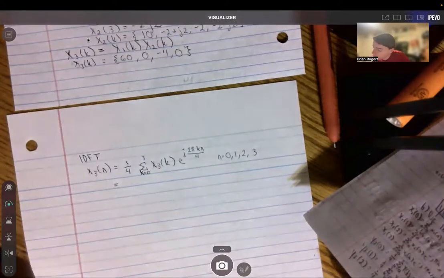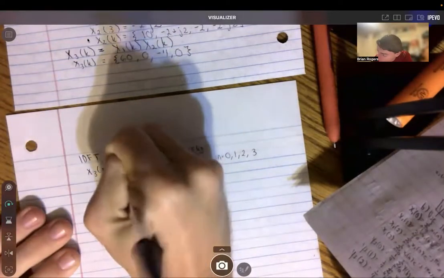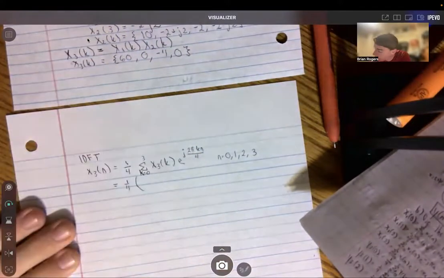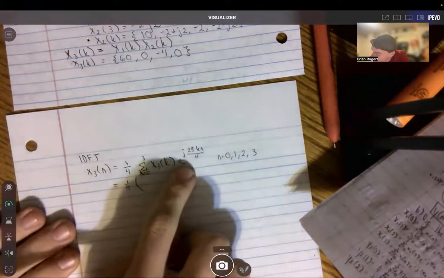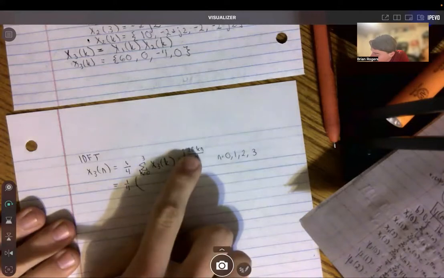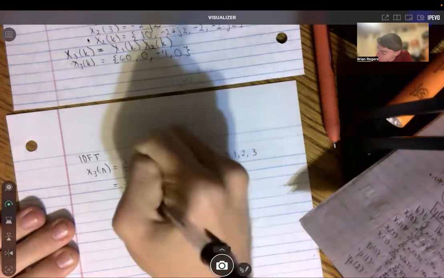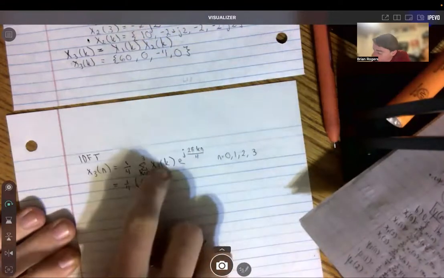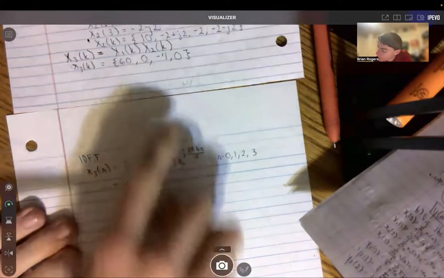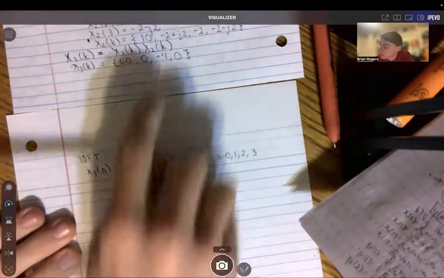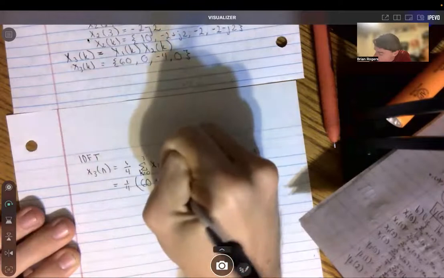It's going to be 1/4 on the outside, then on the inside it's the summation. So at x3 of 0 it's 60, and then it's going to be e to the 0, which is 1, of course, because e to the power 0 is 1. So when our k equals 0, it's going to be 60. And then the next one is going to be 0, so plus 0. 0 times anything is 0. The next one is going to be -4.